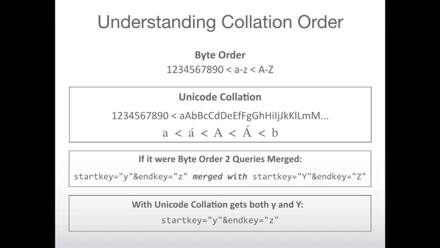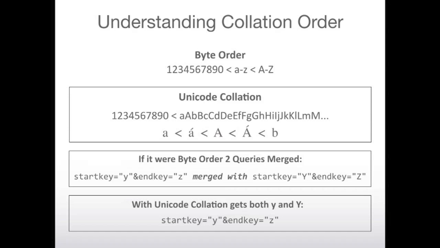So the letter ordering in our view indexes, the way we sort our index keys, is not in byte order. And actually, this is very good that we're using what's called collation order, Unicode collation, instead of byte order. We're used to byte order in programming because when we do string compare, it's almost always by byte order.